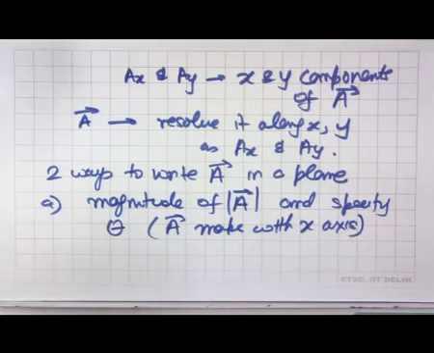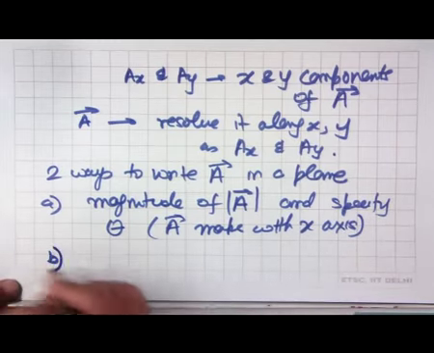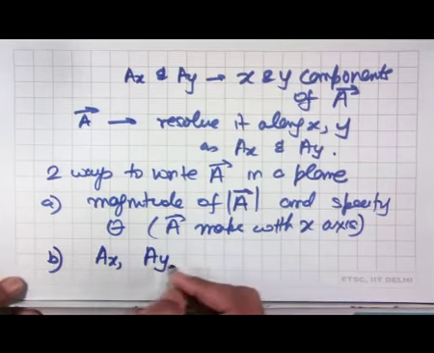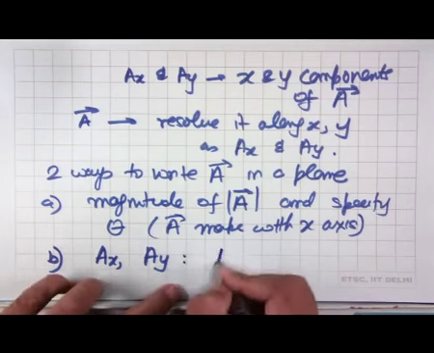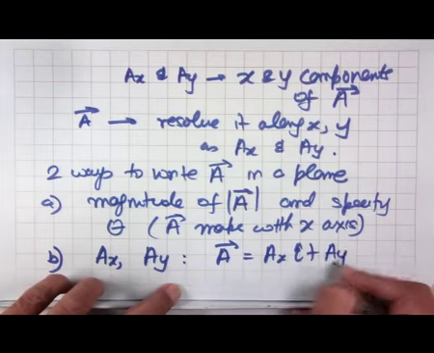We specify these two things and that gives us the vector A. And the second way is that we compute the x and y components Ax and Ay, and then we write the vector A as equal to Ax i plus Ay j.